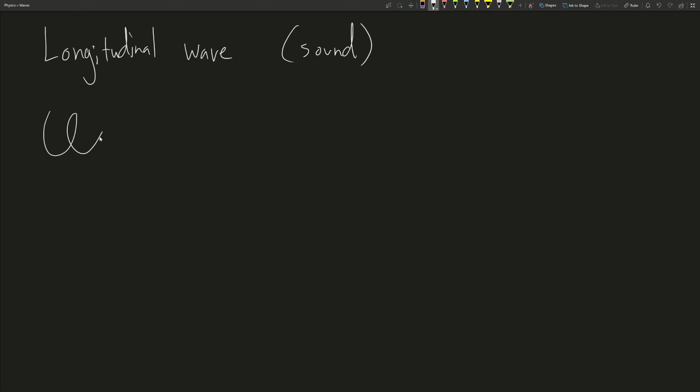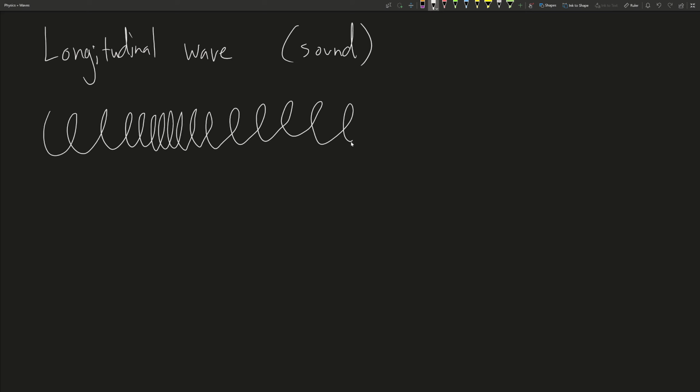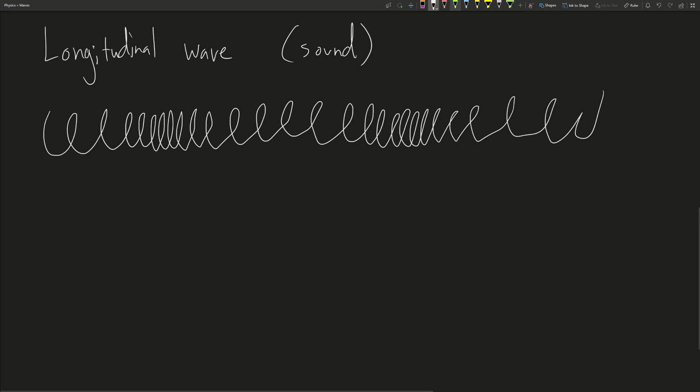So we'll have parts that are spread out, and then parts that are compressed, and then parts that are spread out again, and then more compressions, and then it spreads out. The wave travels in this direction. You can't really tell just by looking at it, but we can say that it travels in this direction.